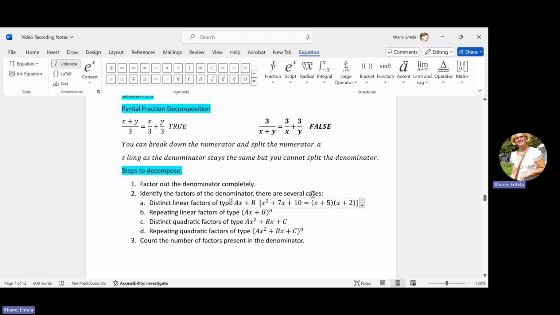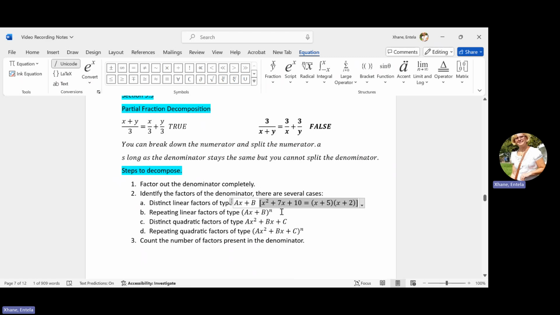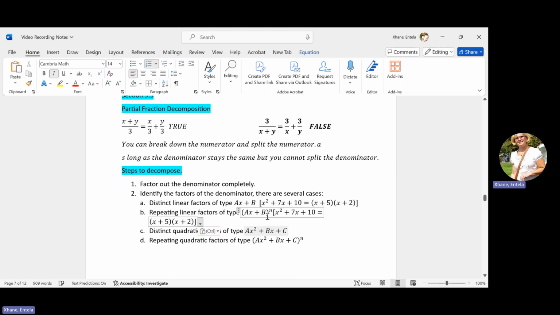Now, what are the ones that we call repeating linear factors? So let me copy and paste this, and then I'll make adjustments so everyone can understand why we call them repeating factors. Now this 7x, I'm going to replace it with an 8x.